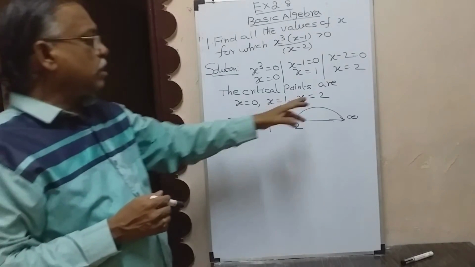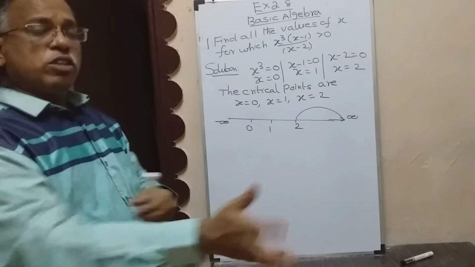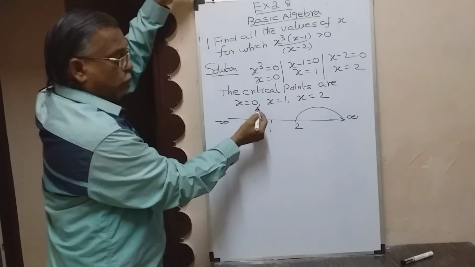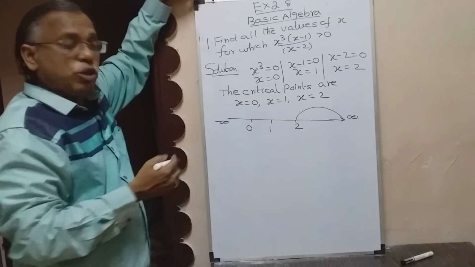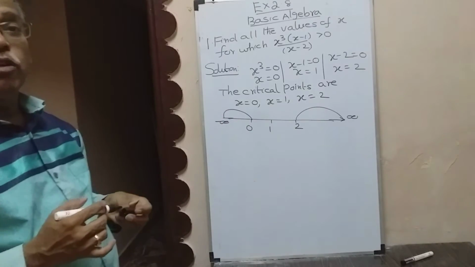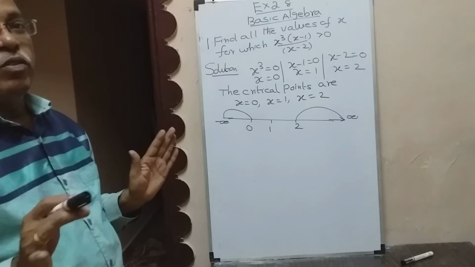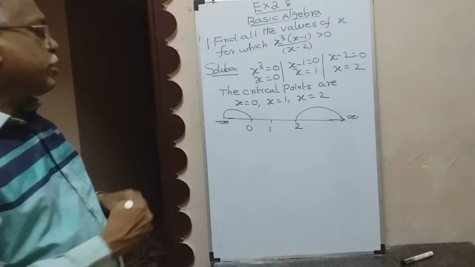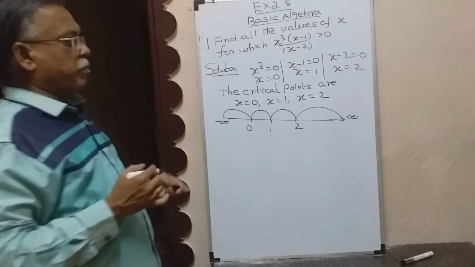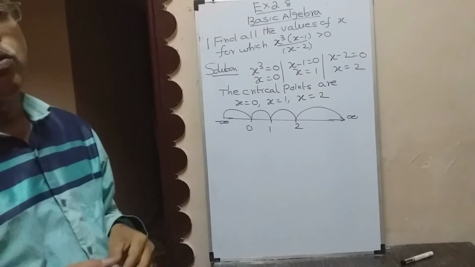There is no limit, up to infinity. Then less than the least value. What is the least value? 0. So less than 0 means up to minus infinity. This is another interval we have. First we mark these two intervals. Then in between, 0 to 1 will come and 1 to 2 also will come. So these are the intervals. 1, 2, 3, 4 intervals we got.